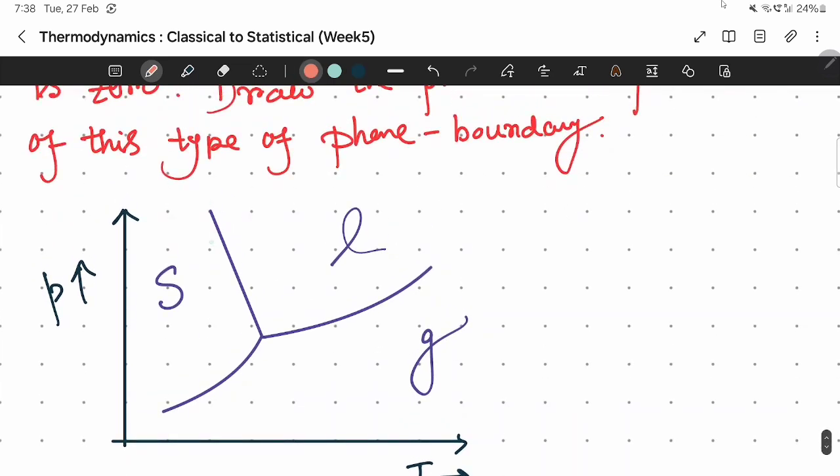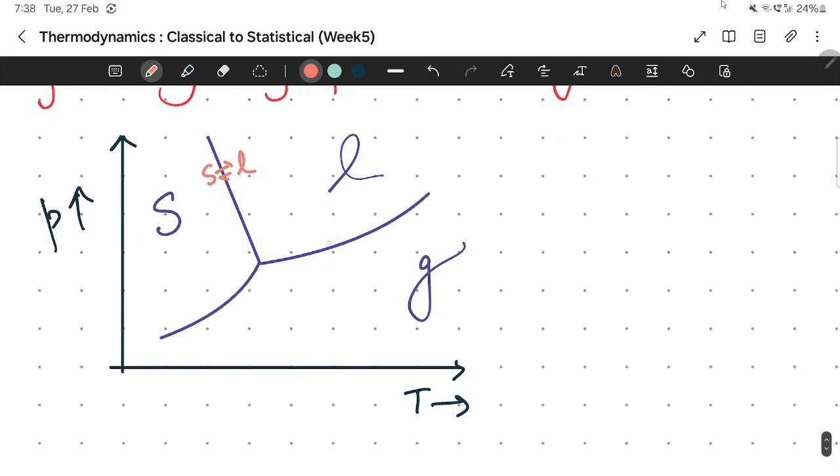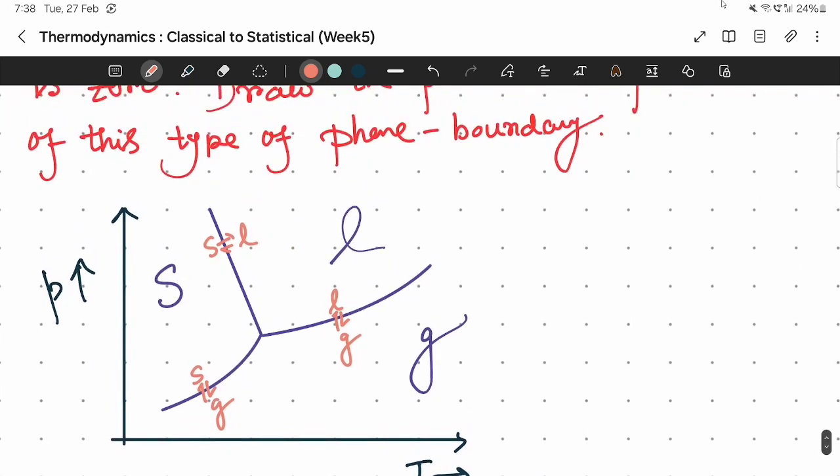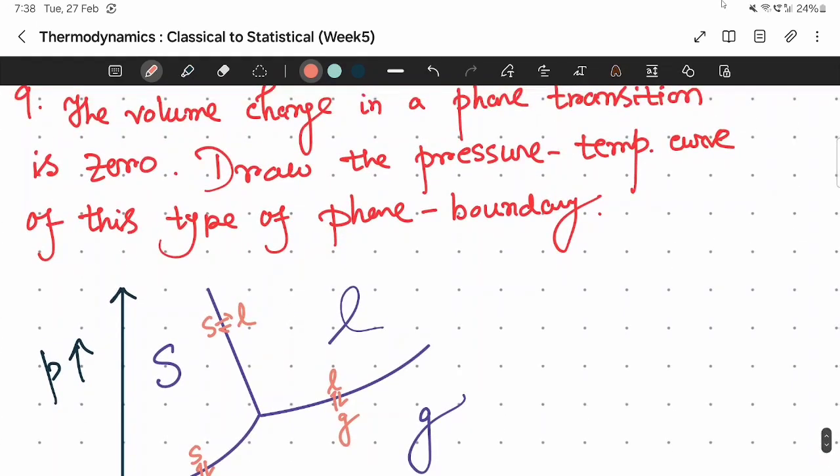This line is the phase boundary between solid and liquid, this is between liquid and gas, and this is between solid and gas. So these lines represent the phase transitions. Here, how can the slope of a phase transition be determined?